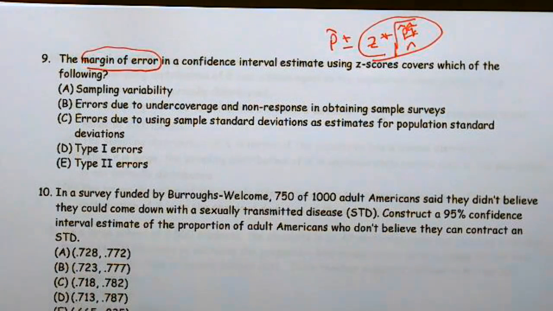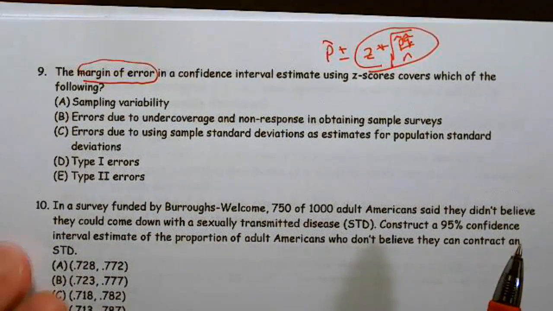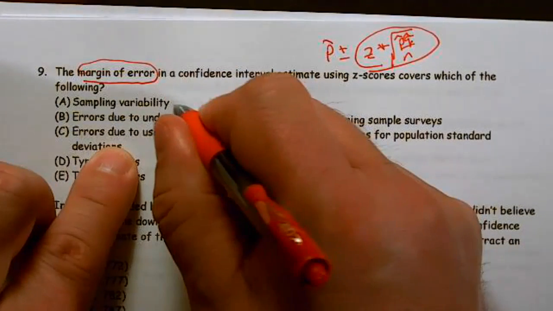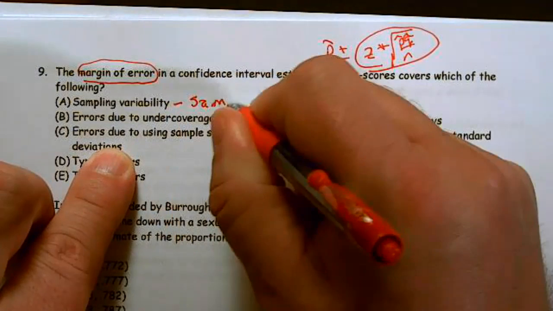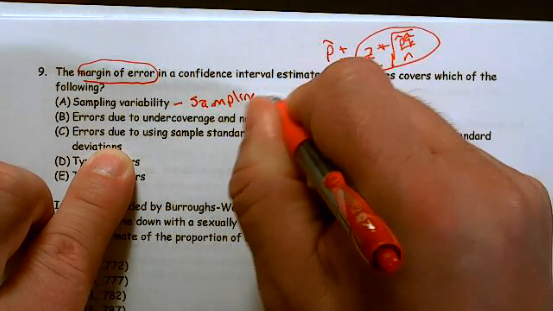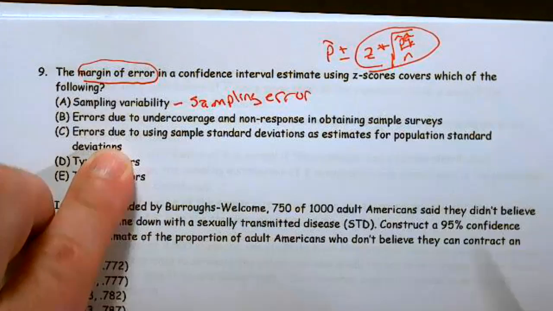Margin of error is not bias. It is related to sampling error. So sampling error or sampling variability, all right? Sampling error. The reason I'm writing this here, because you might have something that says sampling error.